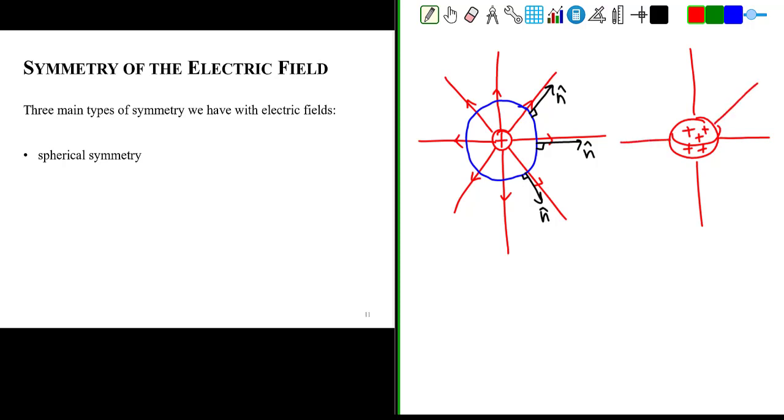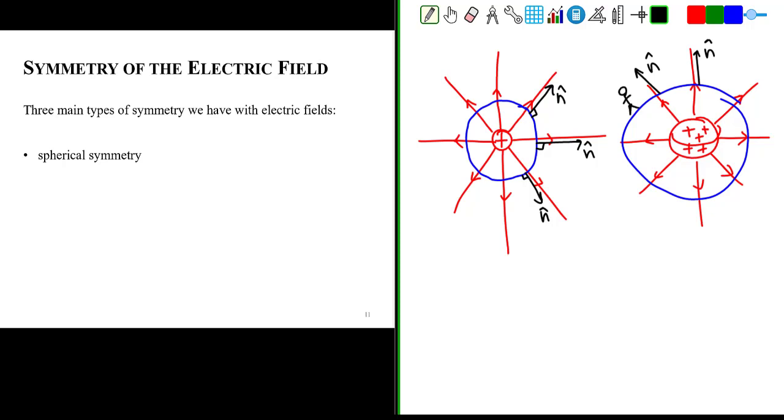Outside the sphere, the electric field has spherical symmetry for any other sphere of a radius r outside of the sphere of charge, and it still has spherical symmetry. It looks the same no matter where you are standing on the sphere.